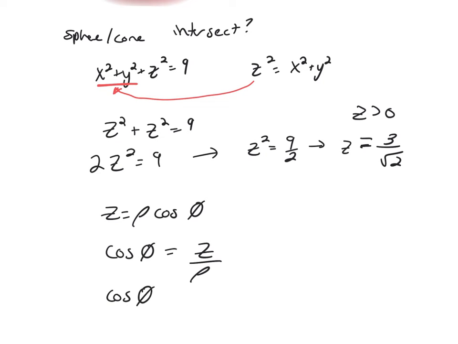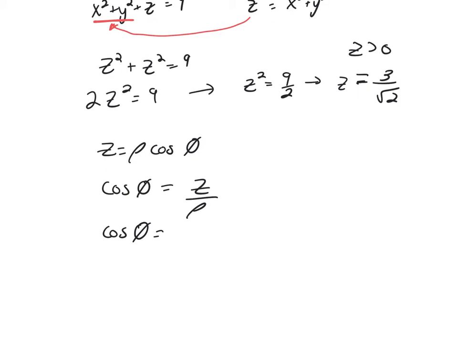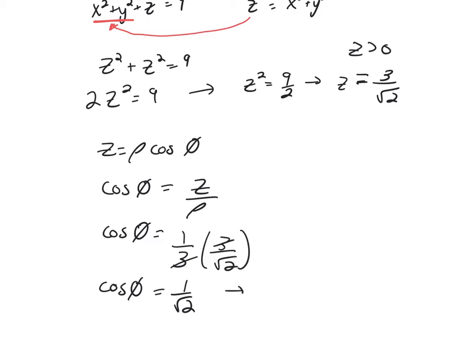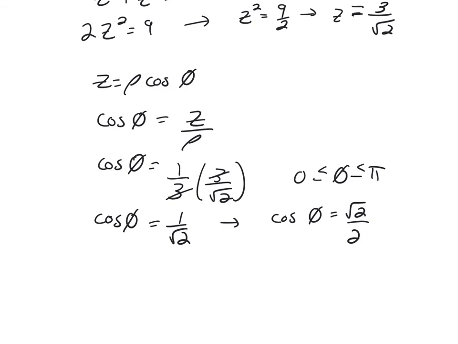Cosine of phi will be, rho is 3, and z we just found to be 3 over the square root of 2. So cosine of phi is 1 over the square root of 2, or in other words, square root of 2 over 2. Remember that phi is an angle between 0 and pi. What angle between 0 and pi gives you square root of 2 over 2? For cosine, it's pi over 4.